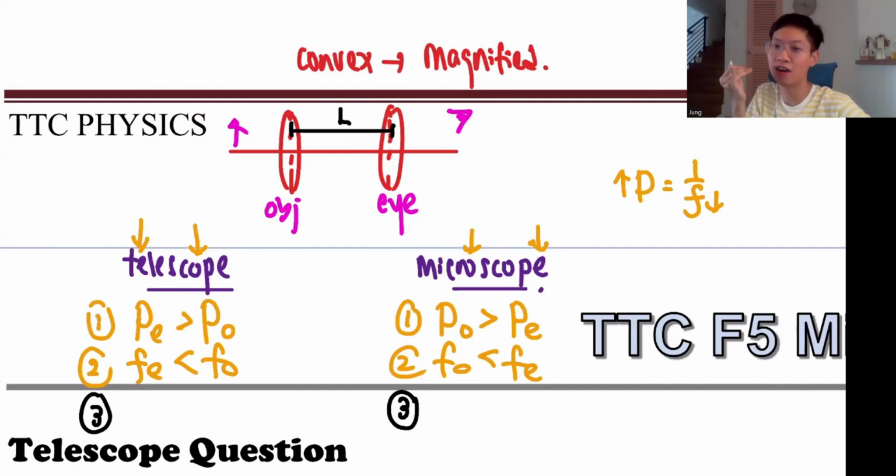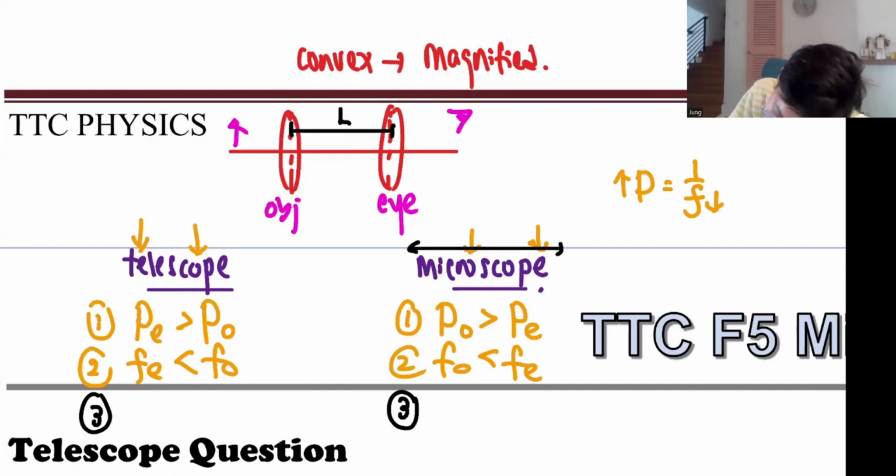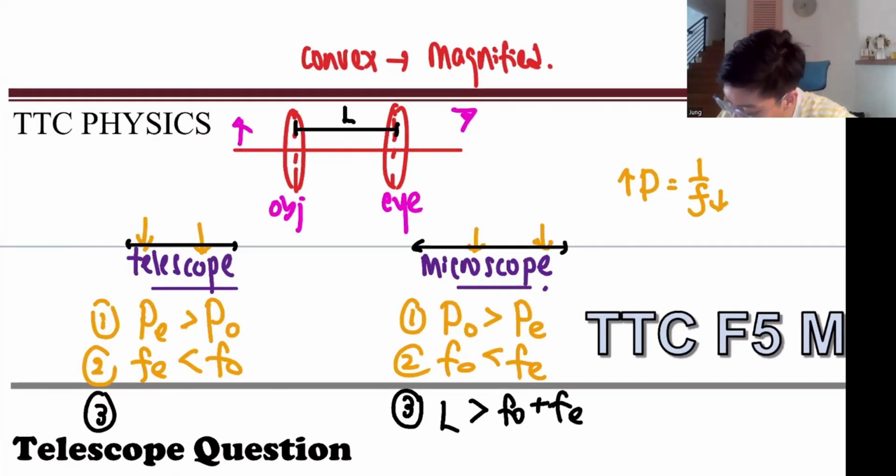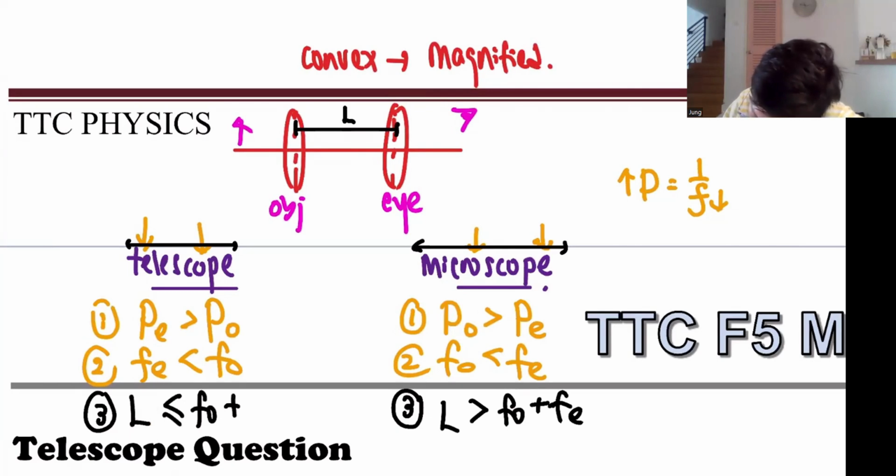Microscope is like 10 letters, telescope is like 9 letters. So you will realize that because that is longer, the distance L is longer than the sum of the focal lengths. This one, because it's shorter, is therefore shorter or equal to the sum of the focal lengths.